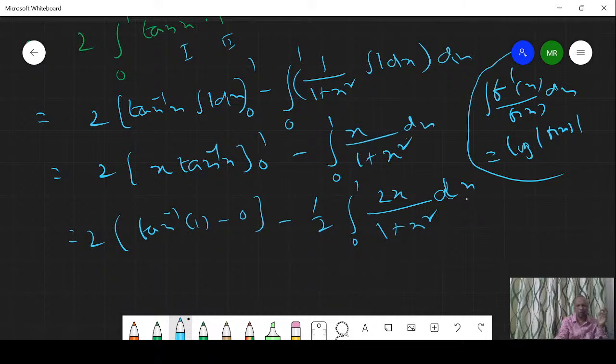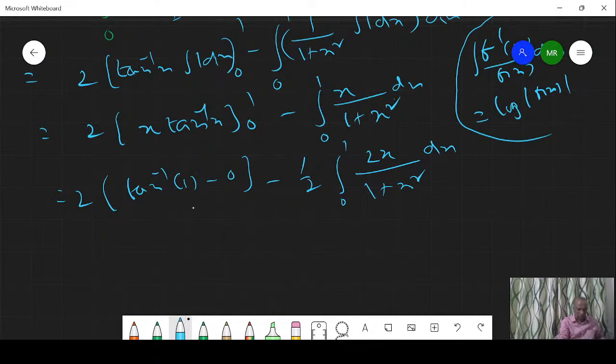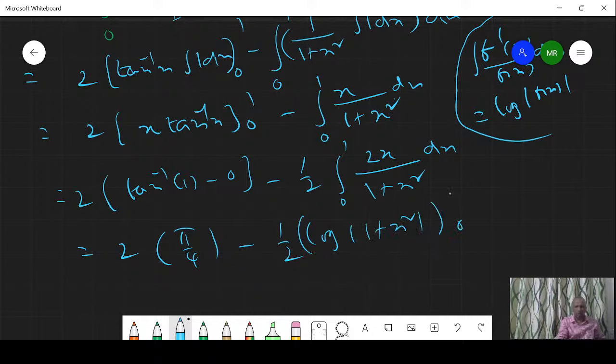Here tan inverse 1, this value I can write as pi by 4. So 2 into pi by 4 minus 1 by 2 log mod of 1 plus x square, applying the limits 0 to 1. Then you will get the final answer.